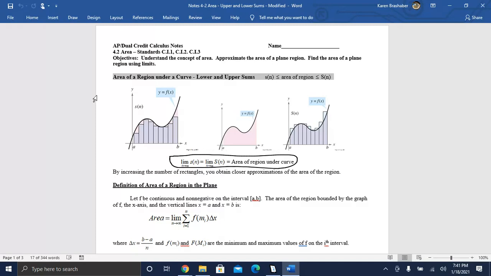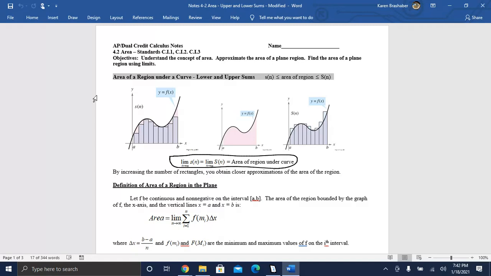So if you can imagine your number of rectangles going to infinity, that makes the width of each rectangle infinitely small. And in that case, the estimate would approach and eventually equal the area of the region under the curve.